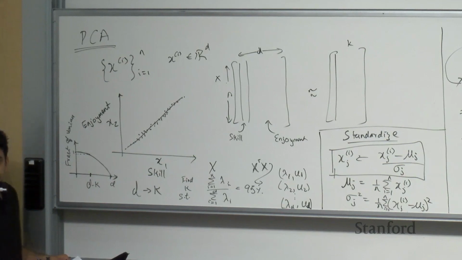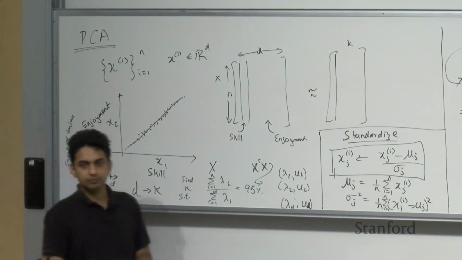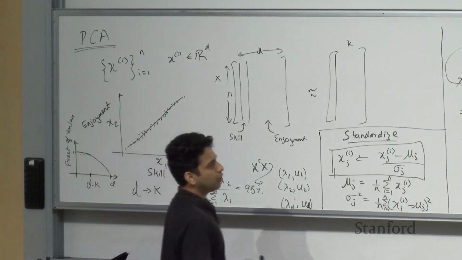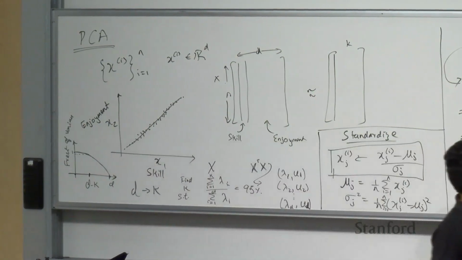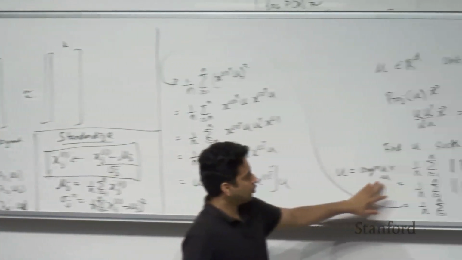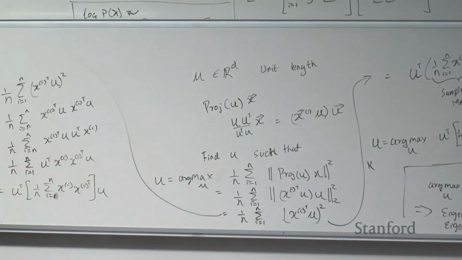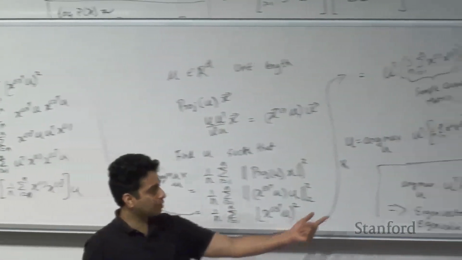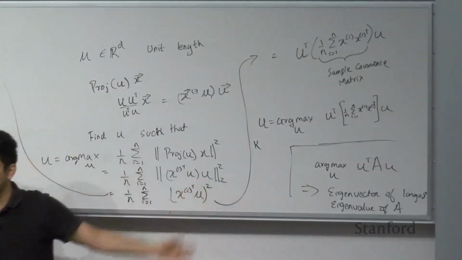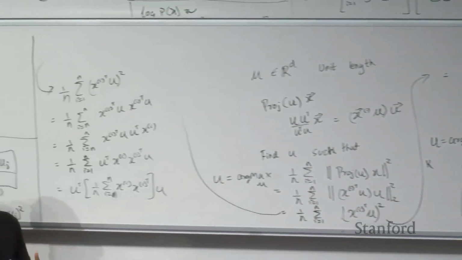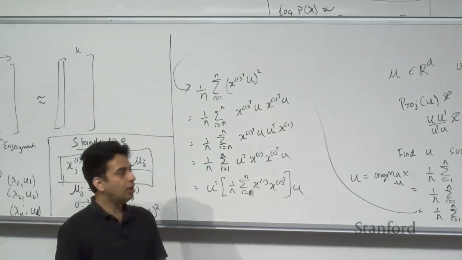Yes, question? Professor, so U is a matrix of eigenvectors up to K? Yes. We showed the intuition using a single eigenvector, showing that the largest eigenvector is the one that maximizes the variance if you project into one dimension.